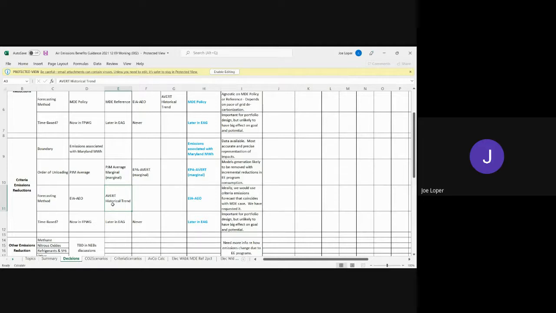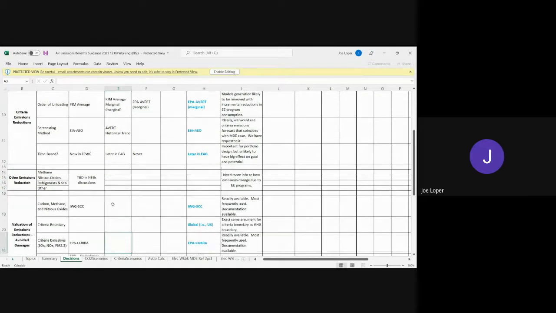If you knew what those generation assumptions were that MDE used to get its GHG emissions intensities, you could, I think, pretty readily figure out what the SOx, NOx, and PM 2.5 criteria emissions are. But until we have that level of detailed data from MDE, I propose that we go with the EIA AEO. And similarly here for time-based criteria emissions, I think it's important, but I would hold off on it.